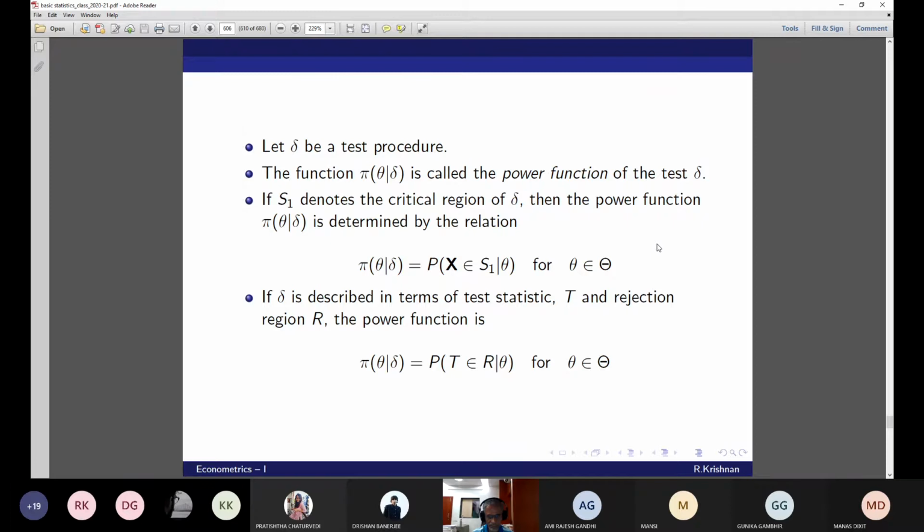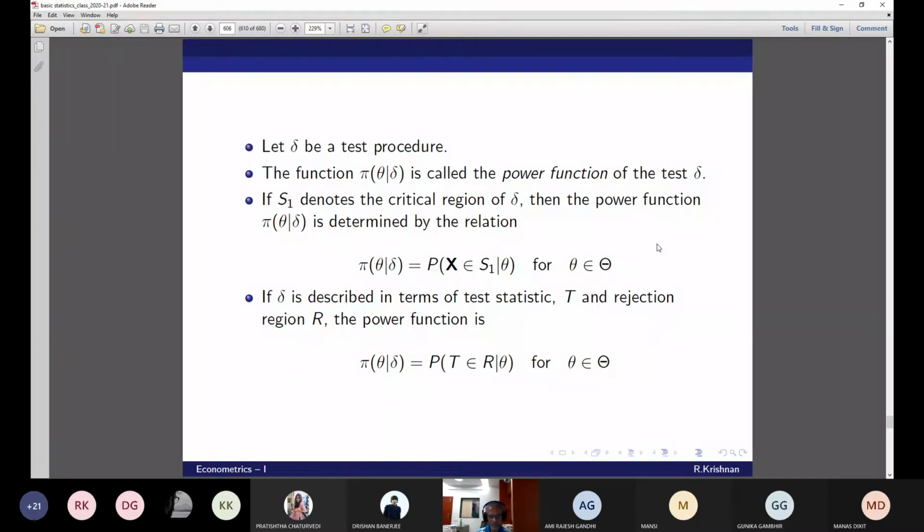Remember here, look at it carefully. If S1 denotes the critical region of delta, the power function is determined by the relation: the probability that X will be in the critical region, given theta, for theta belonging to the entire parameter space.